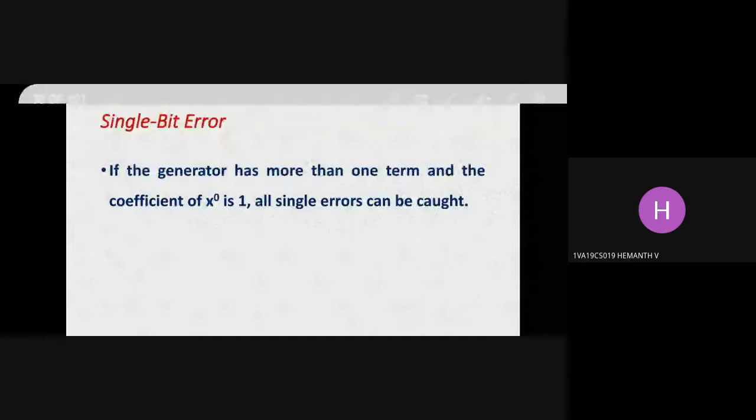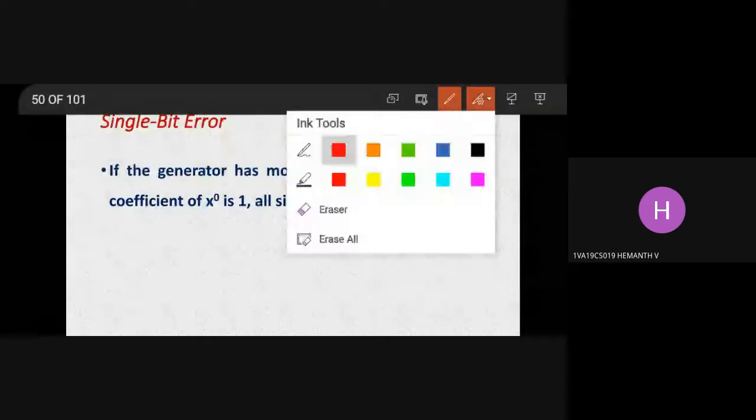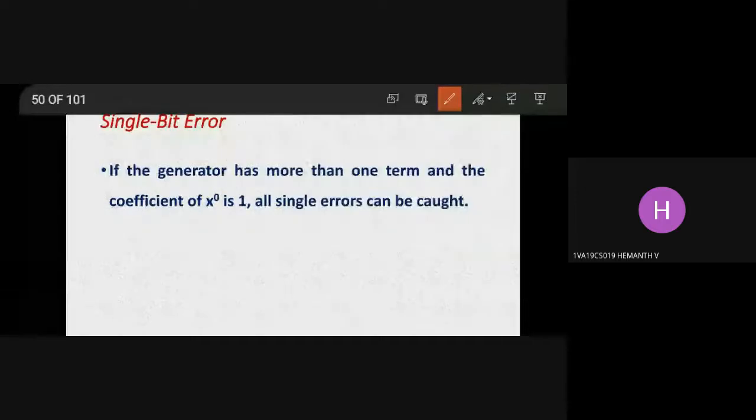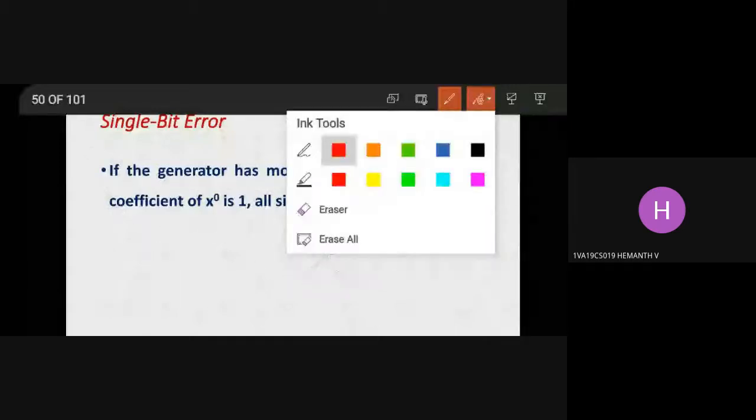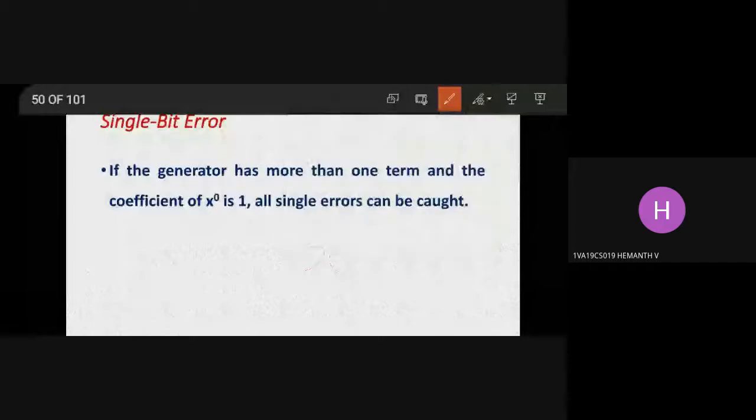See here, if you consider the generator as x to the power of something plus 1, then if the generator has more than one term and the coefficient of x power 0 is 1, all single errors can be caught.